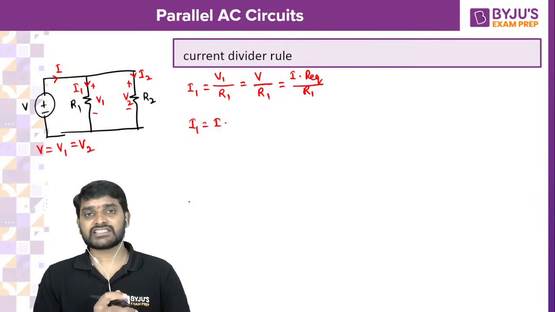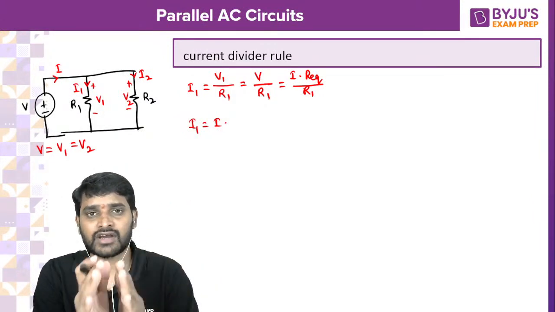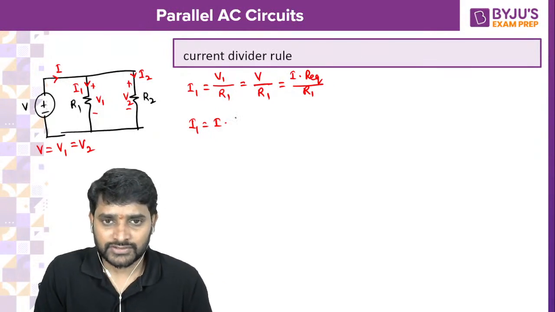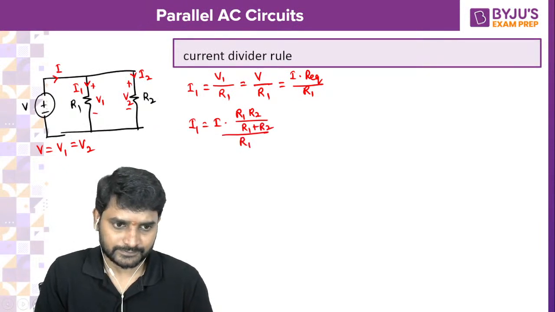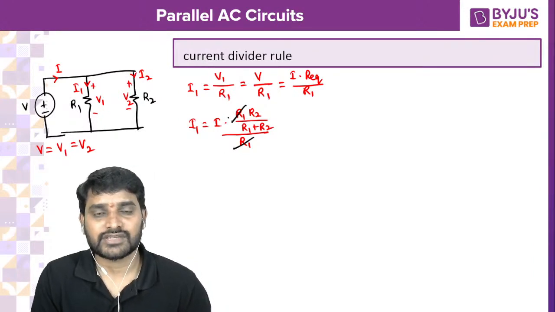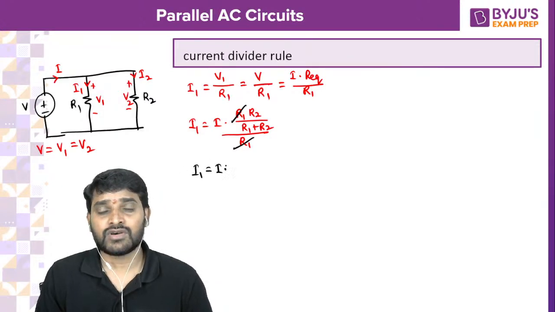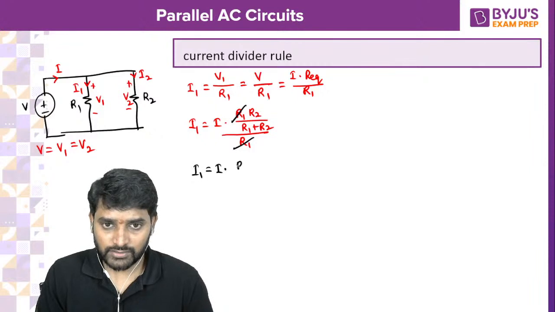The equivalent resistance of two resistors is R1 into R2 divided by R1 plus R2. So it is R1 into R2 divided by R1 plus R2, divided by R1. R1 is cancelled. Now I1 equals source current into R2 divided by R1 plus R2.